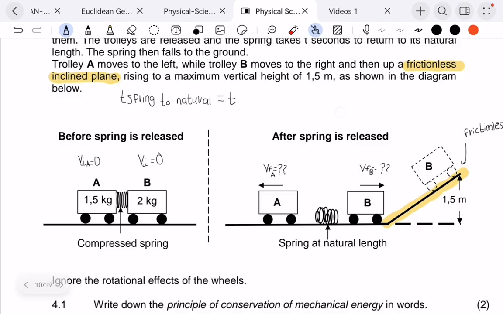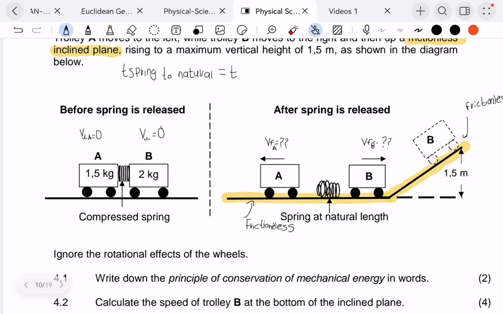It's also frictionless. So this one is also frictionless. And now they say ignore the rotational effect of the wheels. Okay, that is fine. We don't really have to acknowledge that.